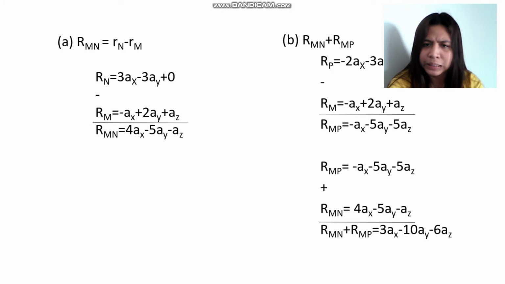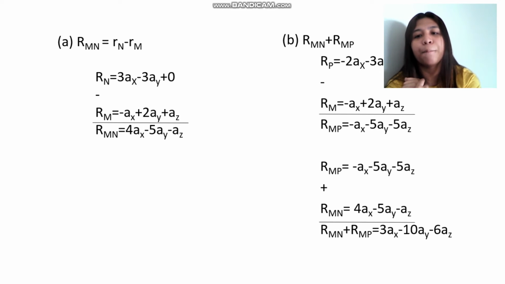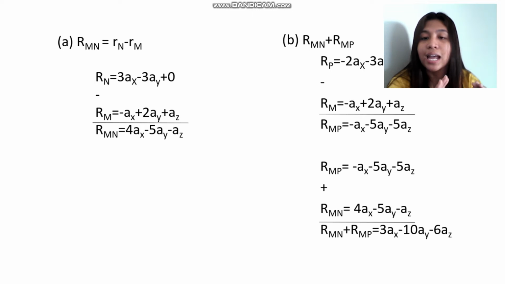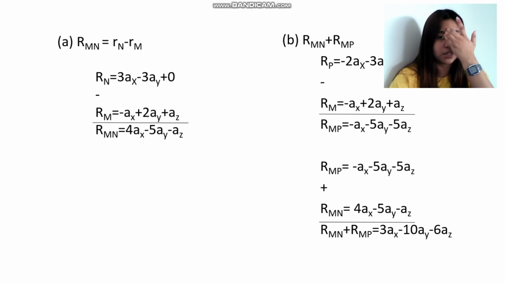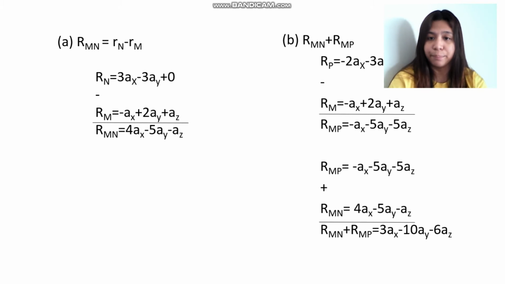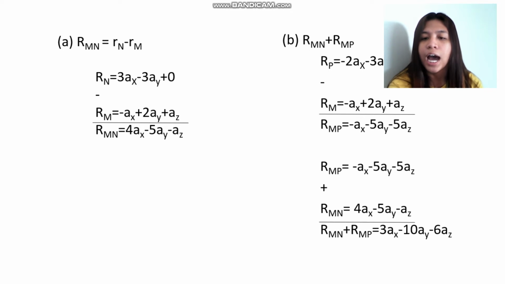Tapos, dito naman sa next part is yung sa RP and dun sa RMP. Nakuha natin again yung points na yan. Ang gagawin lang natin is to add them. So, negative 1, negative 5, and negative 5 again. Tapos, i-add natin siya dun sa RMN.